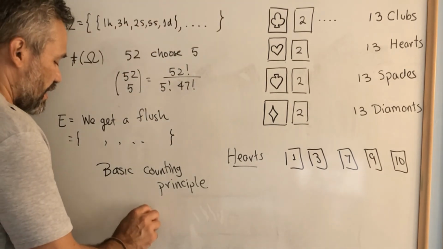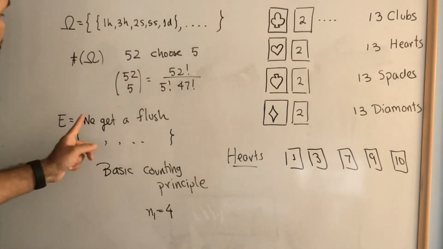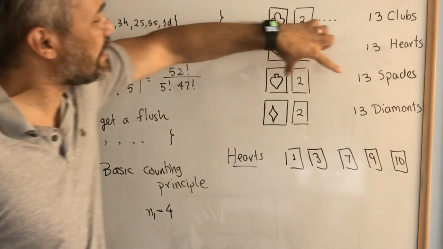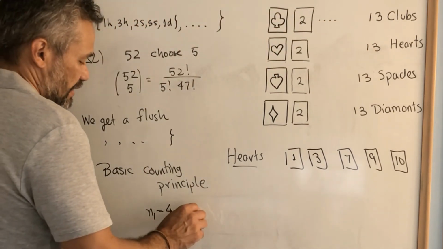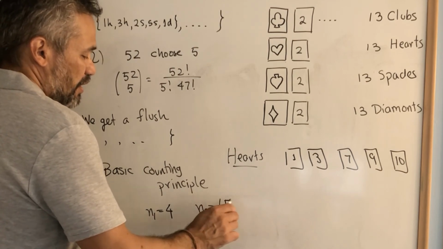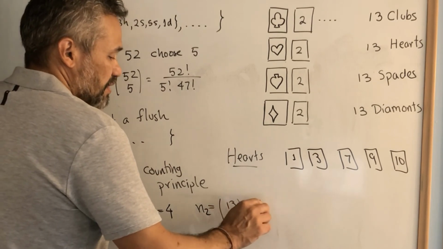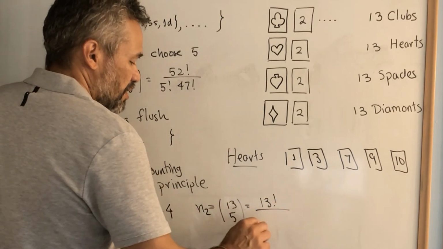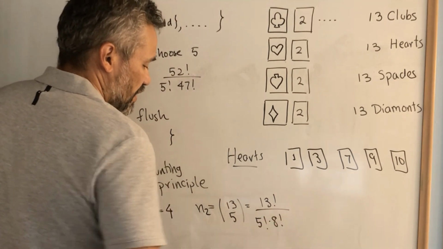Then we have N1 equal 4. And the second stage would be to select the 5 cards in that type of card. Then N2 would be 13 choose 5, which is 13 factorial over 5 factorial times 8 factorial.